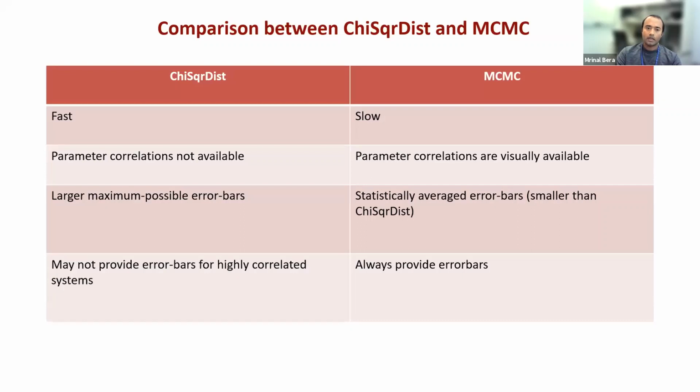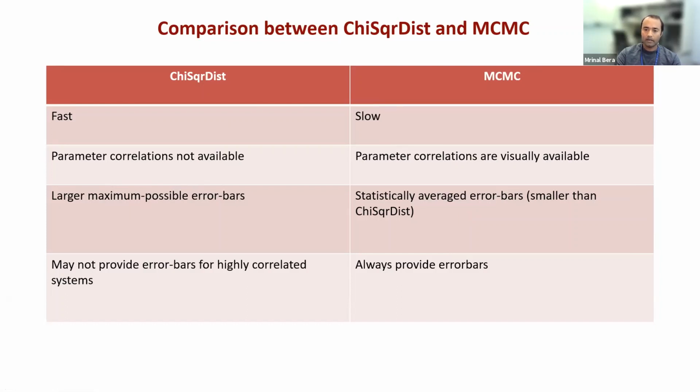Okay, now what's the advantage and disadvantage of both methods? The chi-square distribution, as I showed, compared to MCMC, is much faster. But the disadvantage is there is no way you can get parameter correlation from this method. Also, if you compare the parameter error bars or confidence intervals from these two methods, you get larger error bars from this compared to the MCMC distribution.